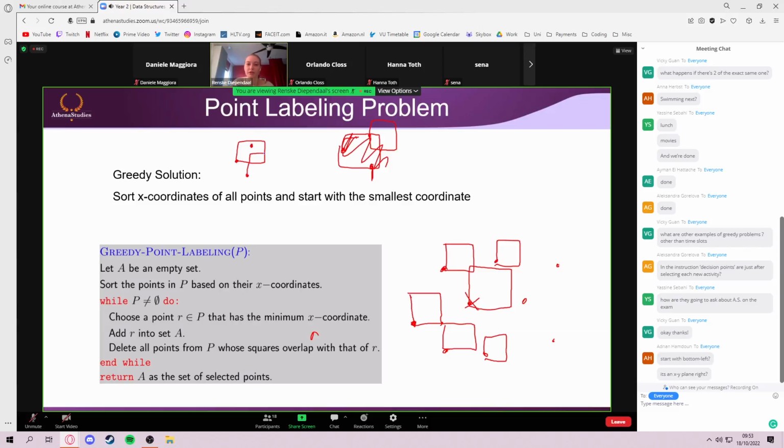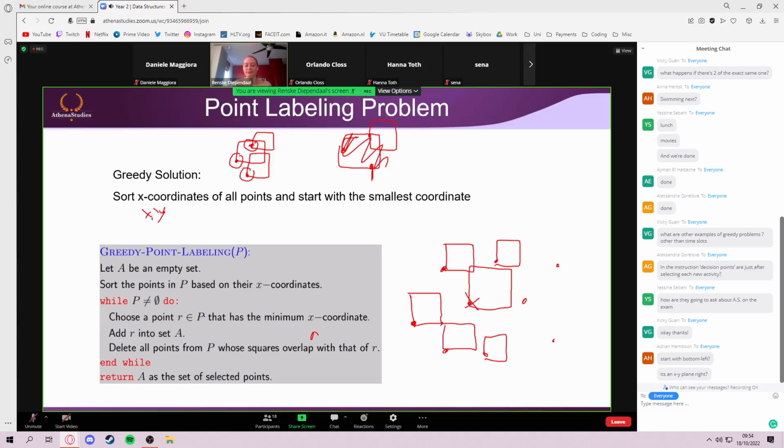So if you start from the left, you can only make just this one point. But if you start from the lowest coordinates, this one might be the lowest if you combine the x and y, and then you might be able to do both of these. So I'd say, do start with the x and y coordinates.